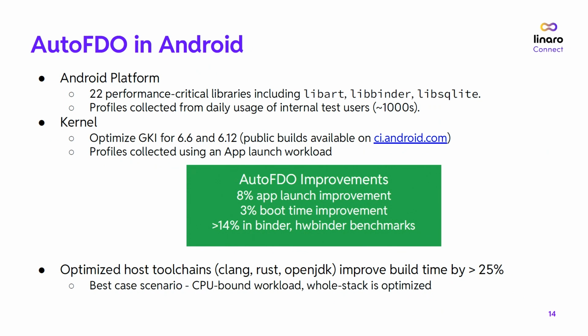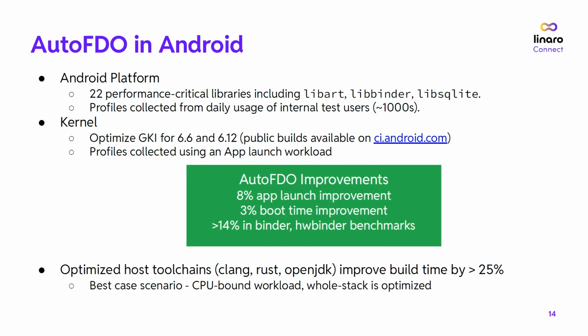So I'd like to come back to the point of how our host toolchain optimization improved speed by 25%, because that's the ideal case of AutoFDO, where we have a CPU bound workload where the whole stack is optimized. That's not really the case in Android because we have a lot of managed code in Java and Kotlin, and also we have just not optimized the whole stack yet.